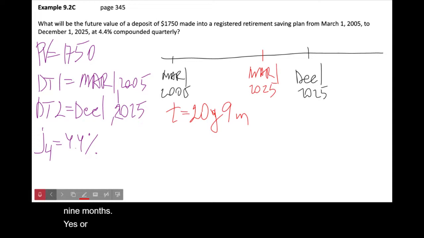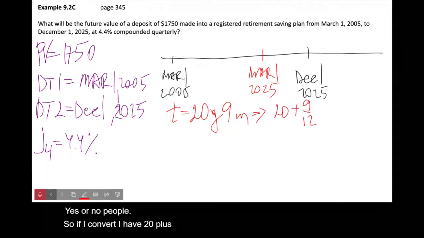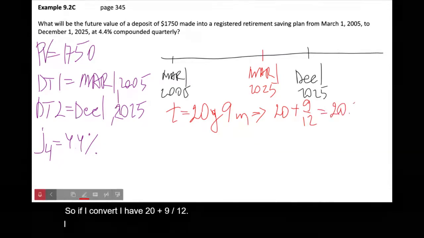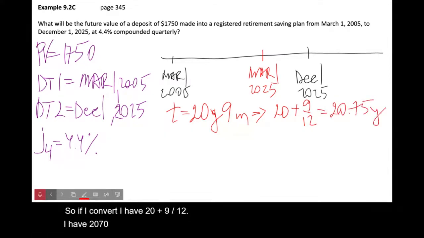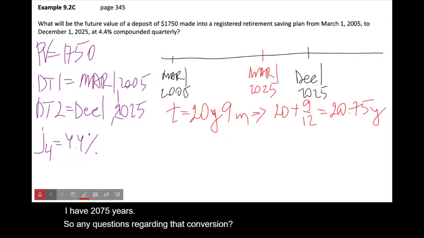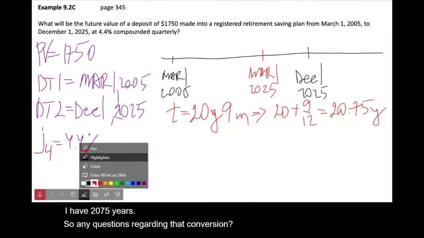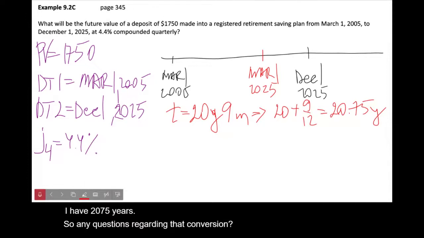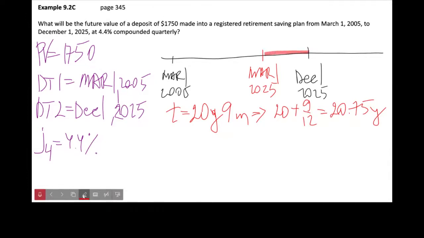Yes or no, people? So if I convert, I have 20 plus 9 over 12, I have 20.75 years. Any questions regarding that conversion? Okay, very good.